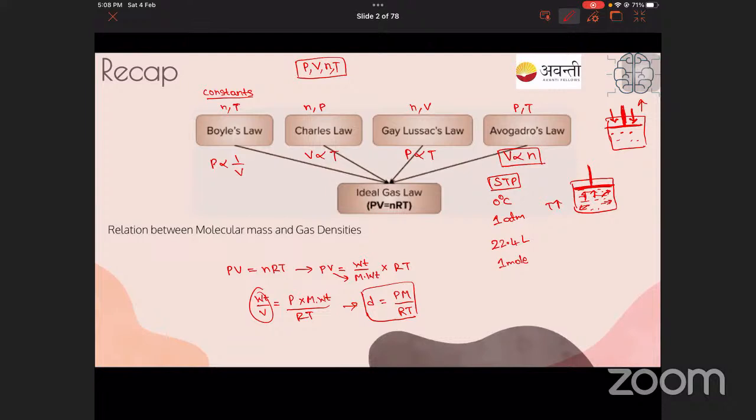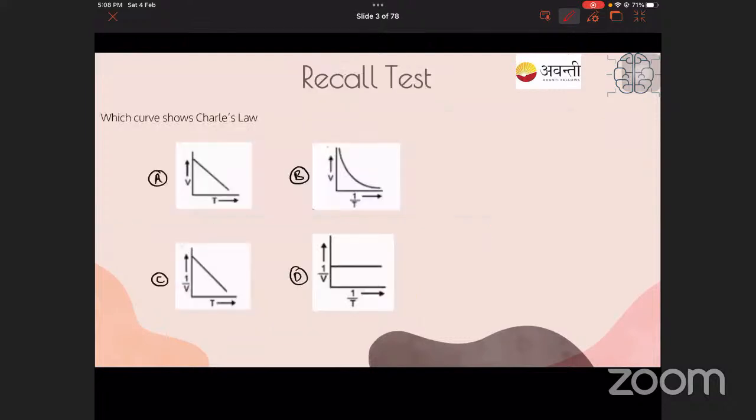Now this is about the previous class, and let's move. Just a small recall test. Now, if you know the curves we discussed in the previous class, in each case, Boyle's law, Charles law and all, which curve shows Charles law? I'll be giving the poll in a minute. Try to see the question.